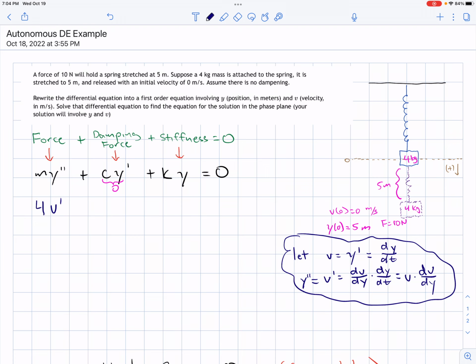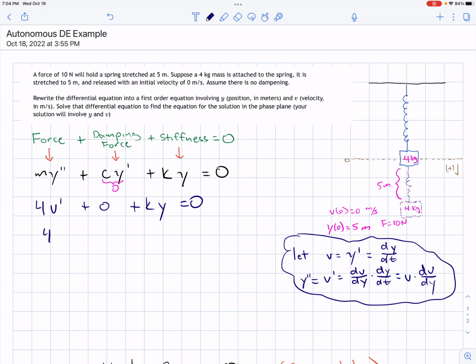And after that, we know the damping force is 0, so I could write plus 0 just to keep space aligned, but you don't have to. And then the spring constant times y being equal to 0. Now we essentially have it in terms of v prime and y. We need to solve the differential equation, but we totally can do that now.